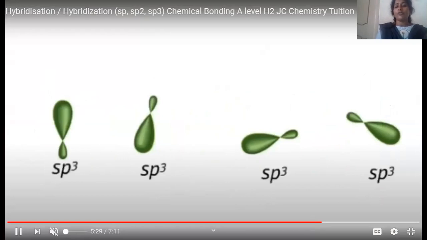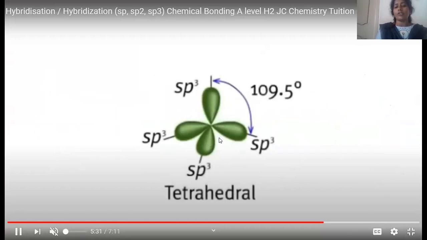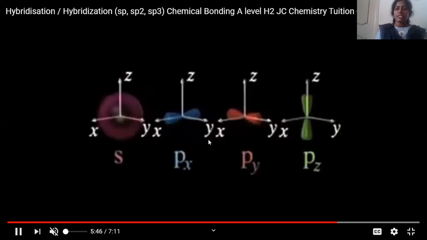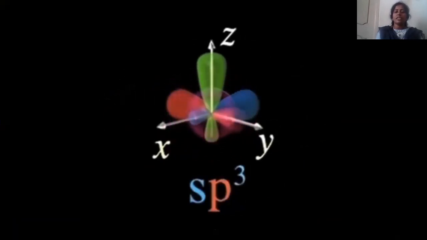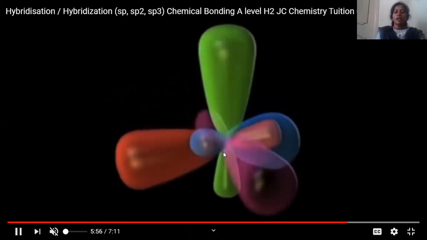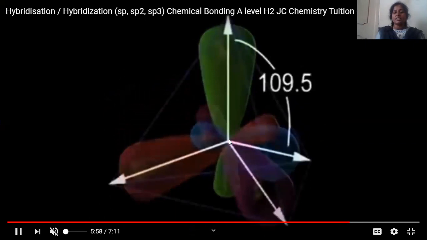This is about sp3 hybridization, one s orbital and 3 p orbitals get mixed. We will get 4 equal energy sp3 hybridized orbitals, which are present in tetrahedral structure with 109 degrees 28 minutes bond angle. The three-dimensional representation of sp3 hybridization: one s orbital and 3 p orbitals are intermixing, so that 4 orbitals are generated. 4 orbitals are placed equally spaced like this.